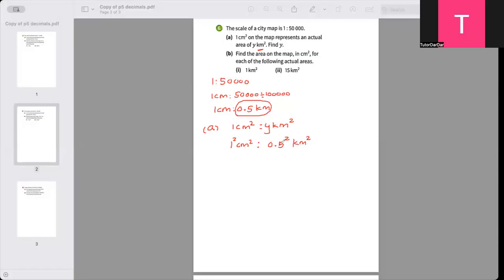Why? Usually area is something times something, isn't it? Like length times breadth. So there should be two numbers. For this case, since you only have 0.5 km, you have to make them into square. Both of them have to be square. So 1 cm square is to 0.5 square, you will get 0.25 km square. Therefore, you see, this y becomes 0.25.